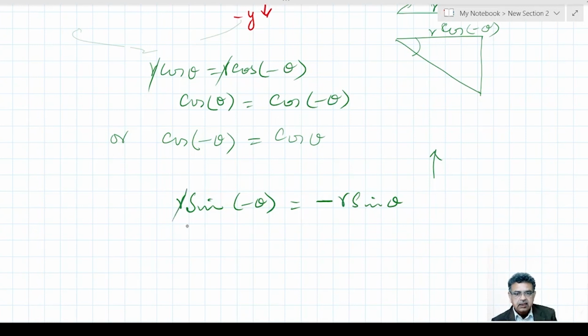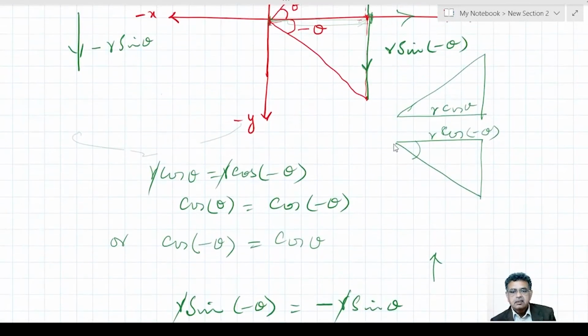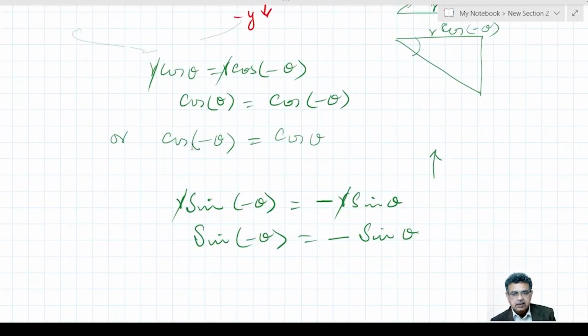So once again r is cancelled, then sine minus theta is equal to minus sine theta. And look, once again, cos minus theta is equal to cos theta.